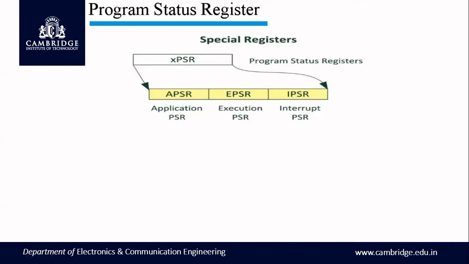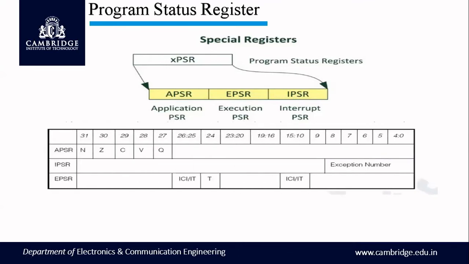If you look into the bit pattern of each one of them, the APSR is made up of the conditional code flags. So the MSB 5 bits are meant for the storage of the conditional code flags.